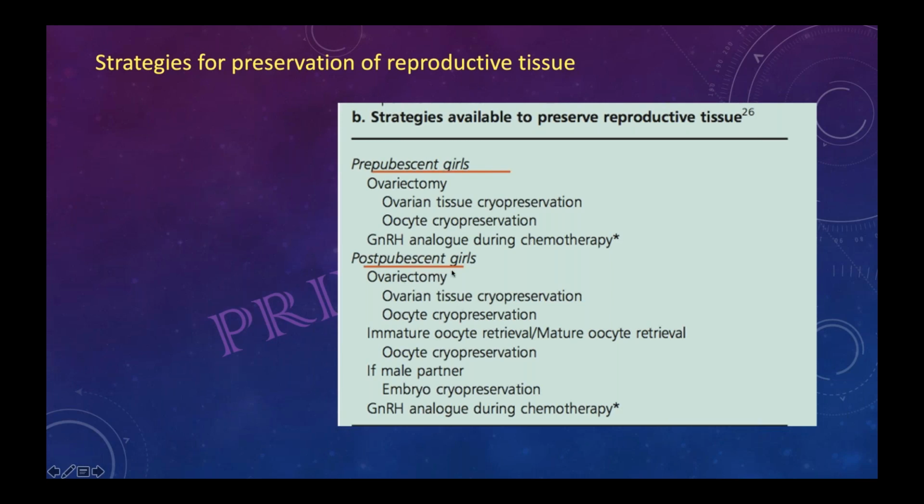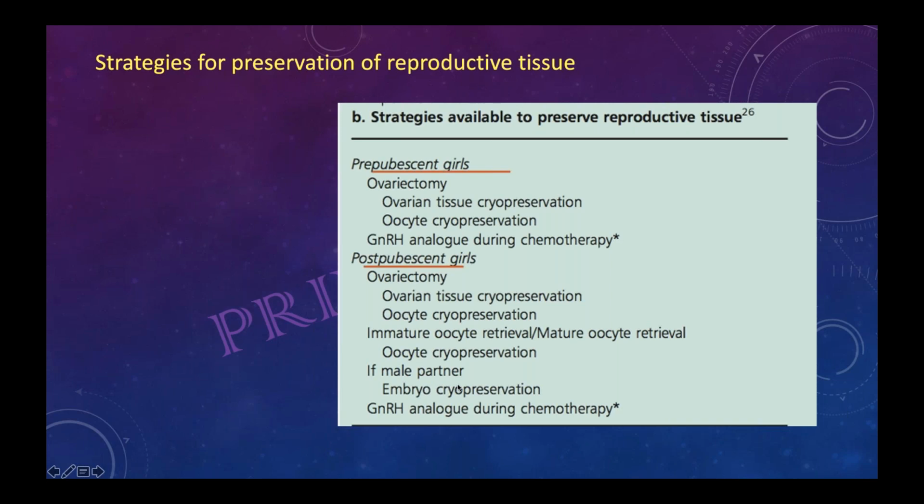Similarly, for a post-puberty girl, ovarian tissue cryopreservation, oocyte cryopreservation, or immature oocyte retrieval can be done. If a male partner is there, then an embryo will be created and embryo cryopreservation done.